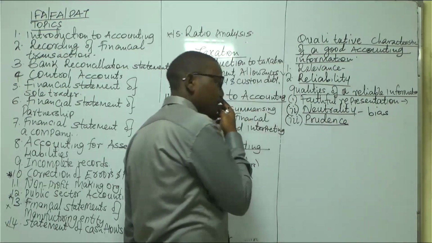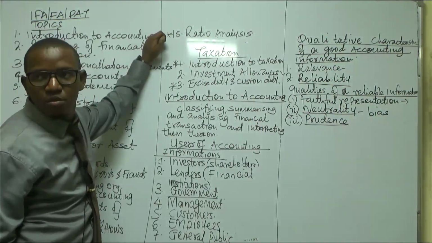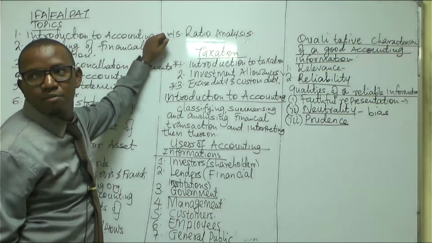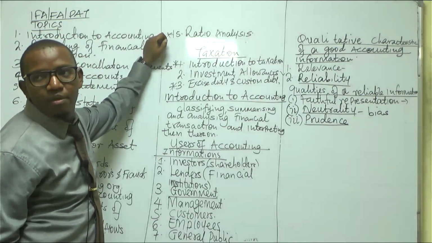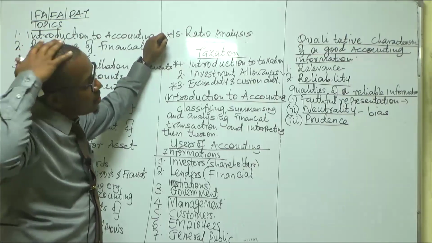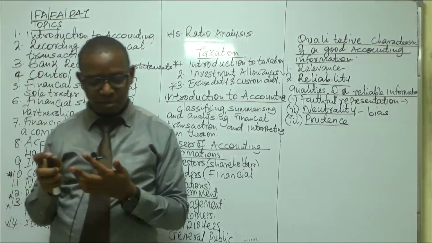Number three is what we call prudence. Now, what does prudence require?